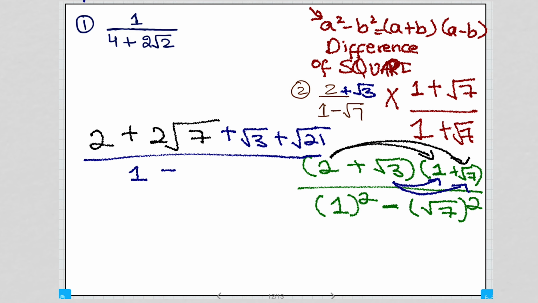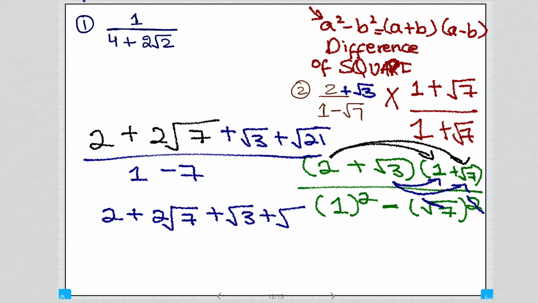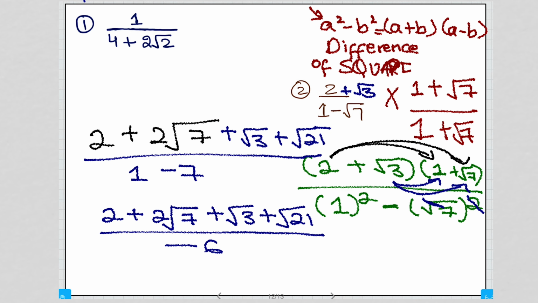Show the working. Why is it 7? Because the square and the square root cancel out each other. And 1 minus 7. In the next step, we see if we have any like terms. Otherwise, you can write the top part as it is: 2 plus 2 root 7 plus root 3 plus root 21, over minus 6, because 1 minus 7 is minus 6.